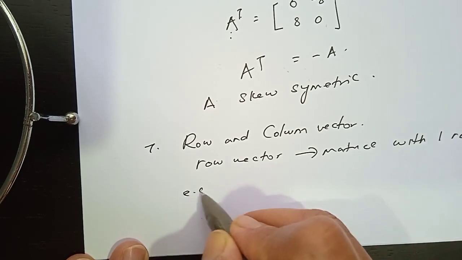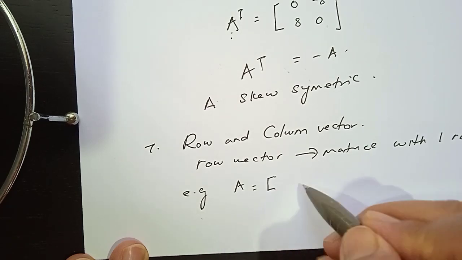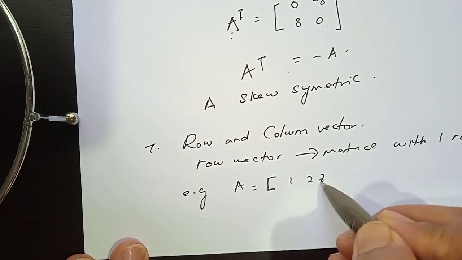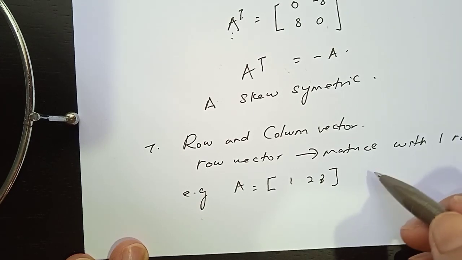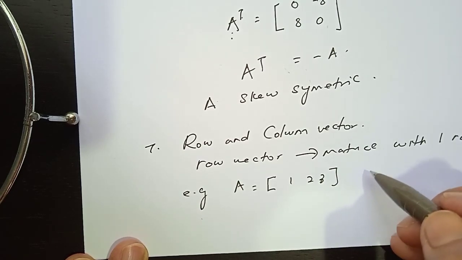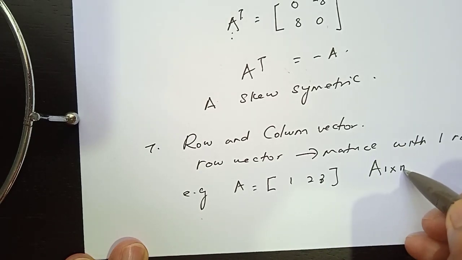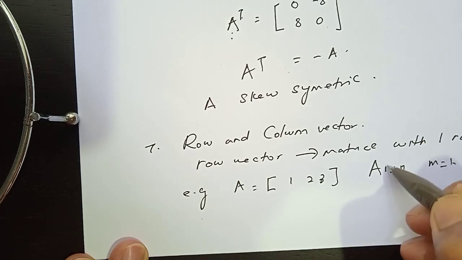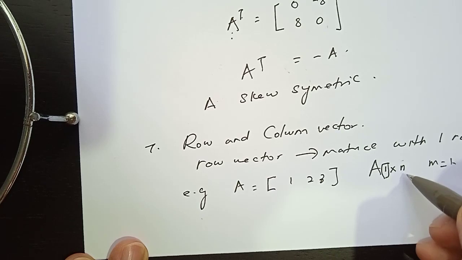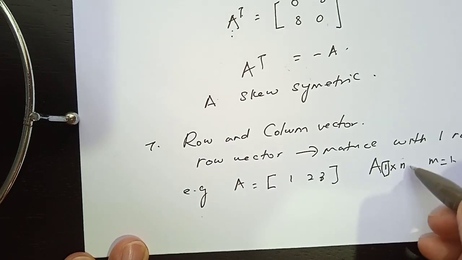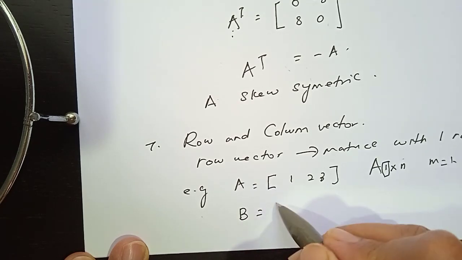Example, A is given by 1, 2, 3, which is only one row. It means that the order of the matrix is 1 times n. M is always 1, and n can be any positive integer. Okay, this is called the row vector.